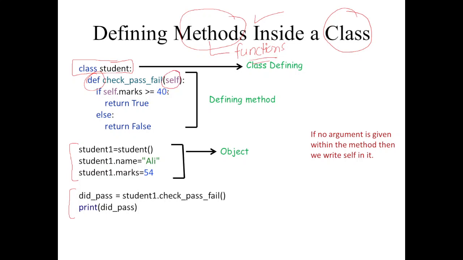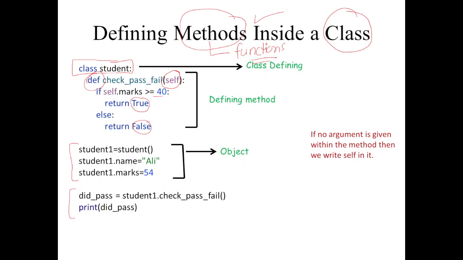If we are defining a method inside the class, then we use self inside the bracket when we are going to declare the method. So if we see here that if the self marks are greater than or equal to 40, then it means that the student is pass, otherwise the student is fail. So this will be returned as output. So this will be stored and we can return it easily.